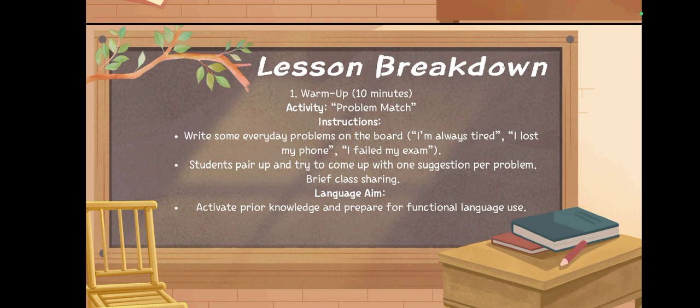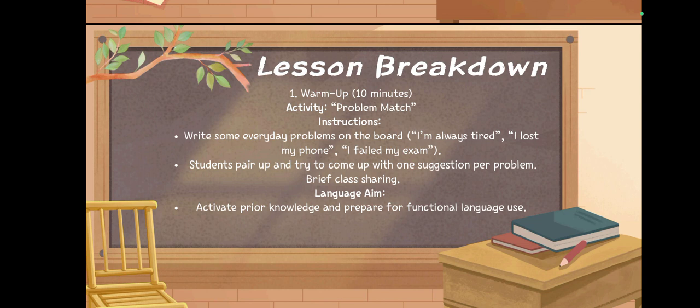Let us examine the lesson breakdown for this class. The first one is the warm up. It is a 10 minute activity, and the activity is a problem match. Here are the instructions.